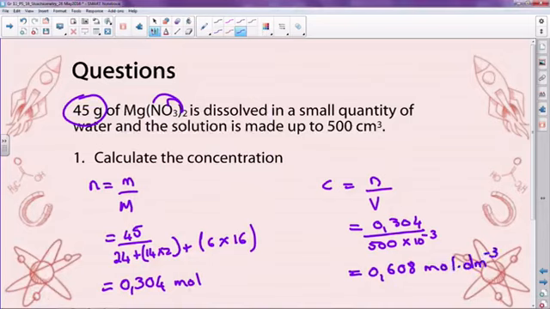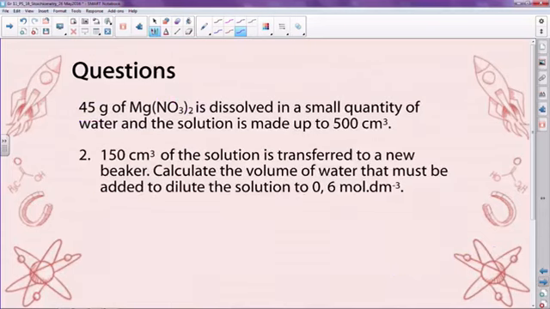All right, now let's see what else I've got for you. Same thing, same question, but now question number 2 says 150 centimeters cubed of solution is transferred to a new beaker. Calculate the volume of water that must be added to dilute the solution to that concentration. So my original concentration is 0.608 moles.